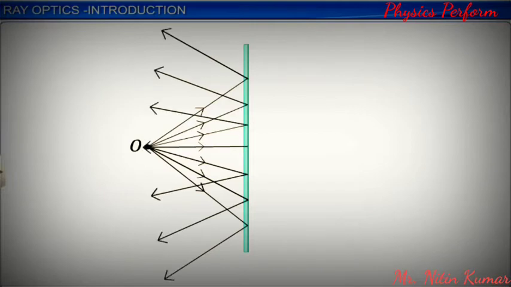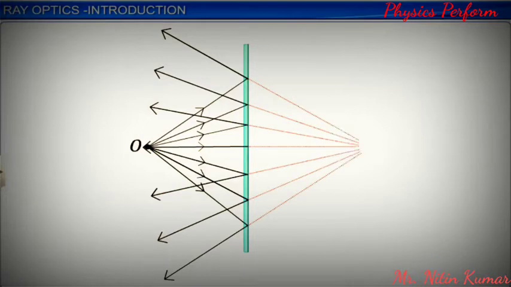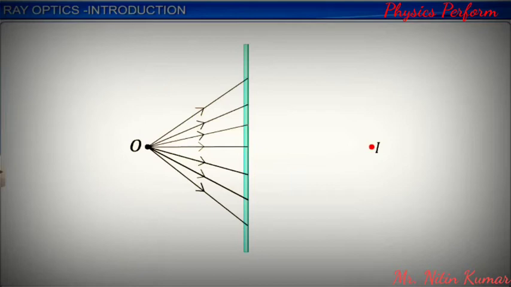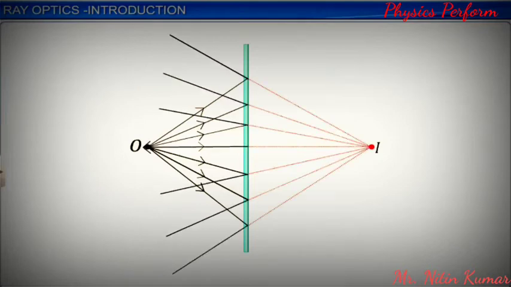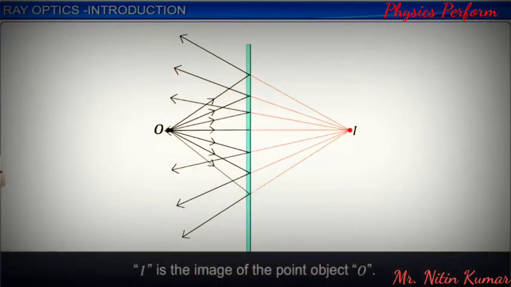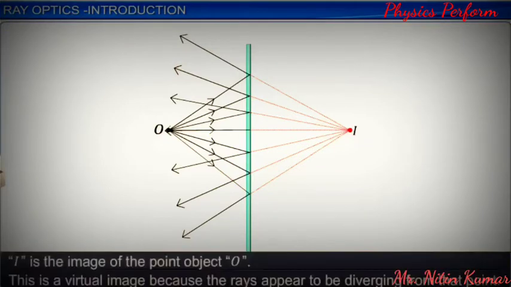If these diverging rays are extended backward, they meet at a point, say I. That is, the diverging beam of light appears to be coming out of a point I behind the mirror. This point I is the image of the point object O. This is a virtual image because after reflection, the rays appear to be diverging from that point.